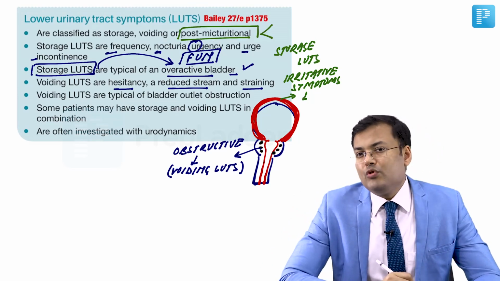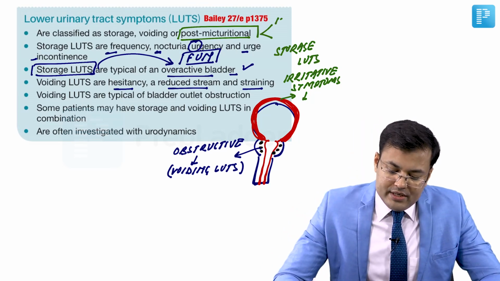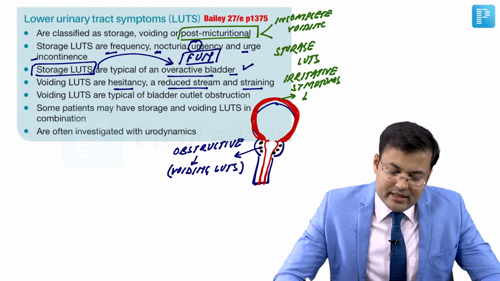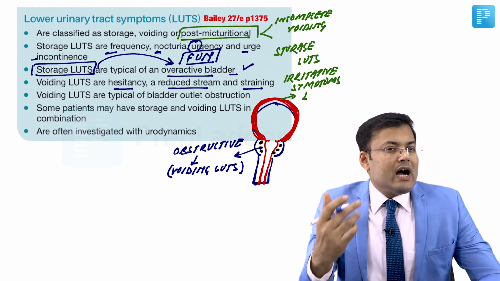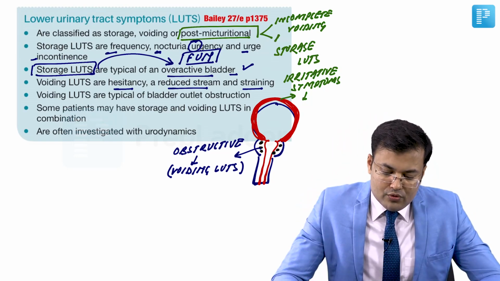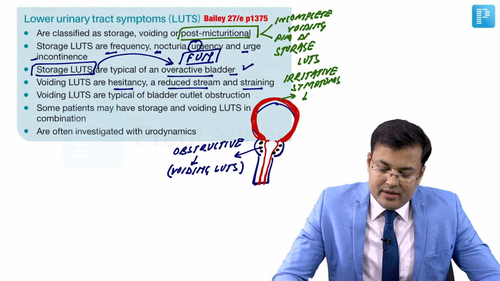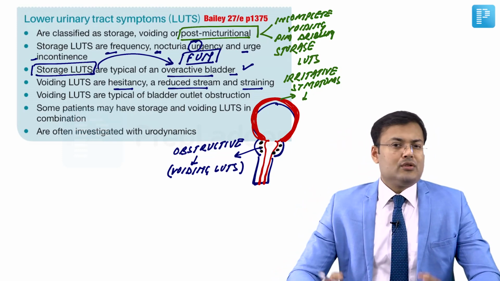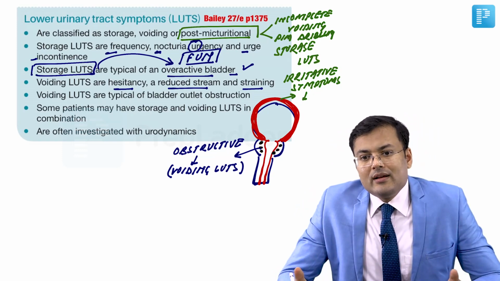So this patient is going to complain of incomplete voiding, incomplete evacuation of the bladder, or after micturition there is dribbling of urine. This is known as post-micturition dribbling. Clear?